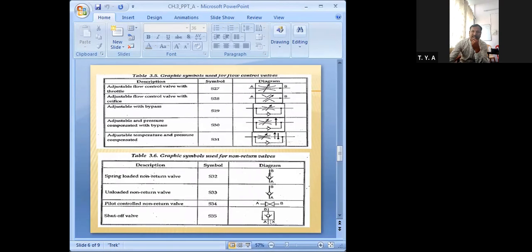Then pressure compensated with bypass, this one. Temperature and pressure compensated, this one. Please look at the screen.